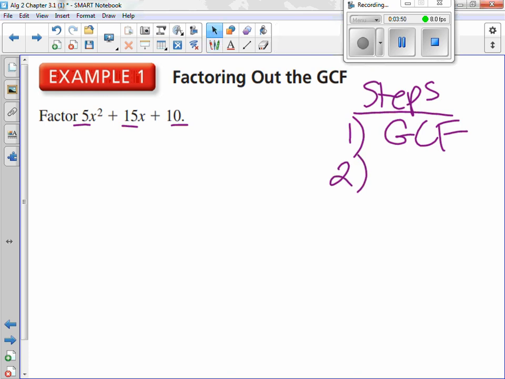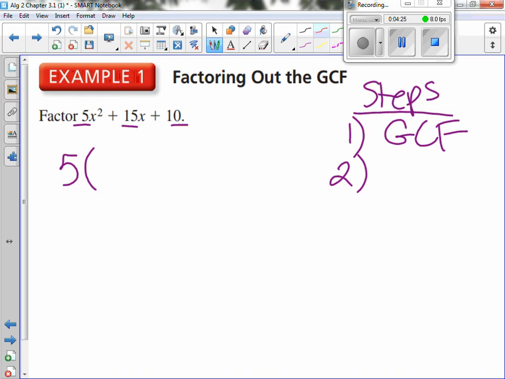So looking at this here, is there a greatest common factor? So is there a number that is divisible by all three terms? 5. So the greatest common factor, a number that goes into all three of these, is 5.